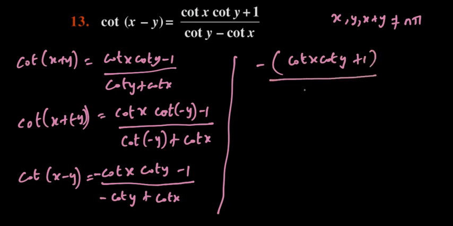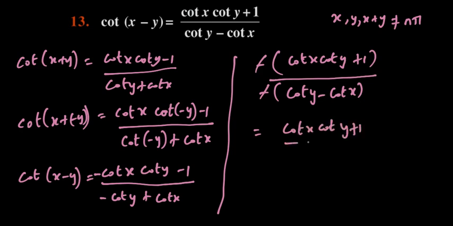In the denominator also, let me take minus outside, so we will get cot y minus cot x. This minus and minus cancel, so the answer will be cot x cot y plus 1 divided by cot y minus cot x.